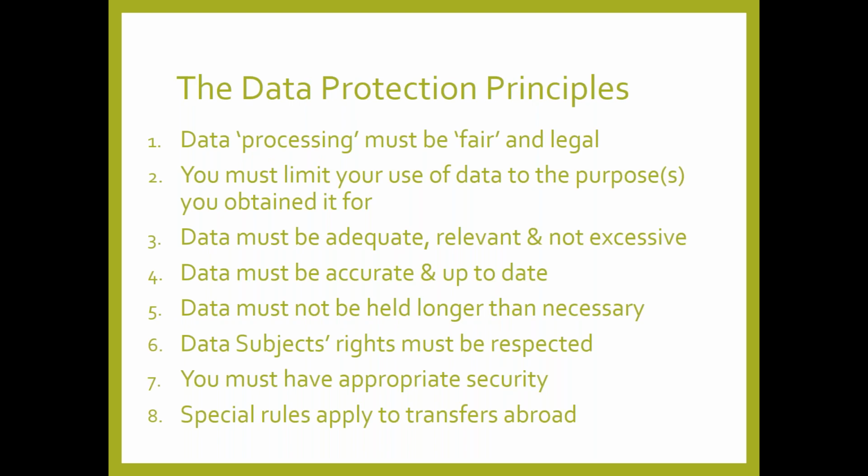Now, the Data Protection Act, as we have it at the moment, doesn't say it's about protecting people and about privacy and choice. Instead, what it says is that your fundamental responsibility in terms of data protection is to comply with the 8 data protection principles.